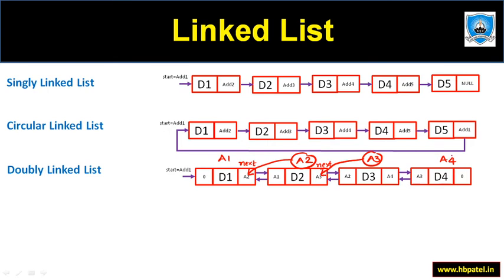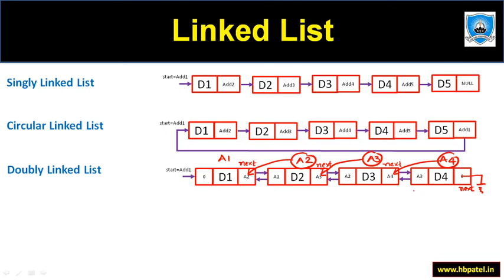The next part of third node contains address of fourth node. And because now there is no next after this fourth, we are setting the next pointer of the last node equal to null.